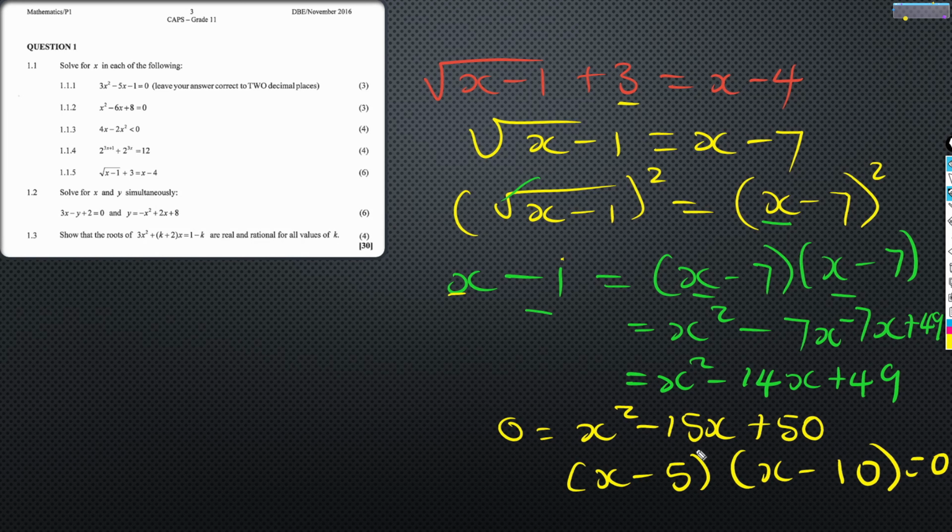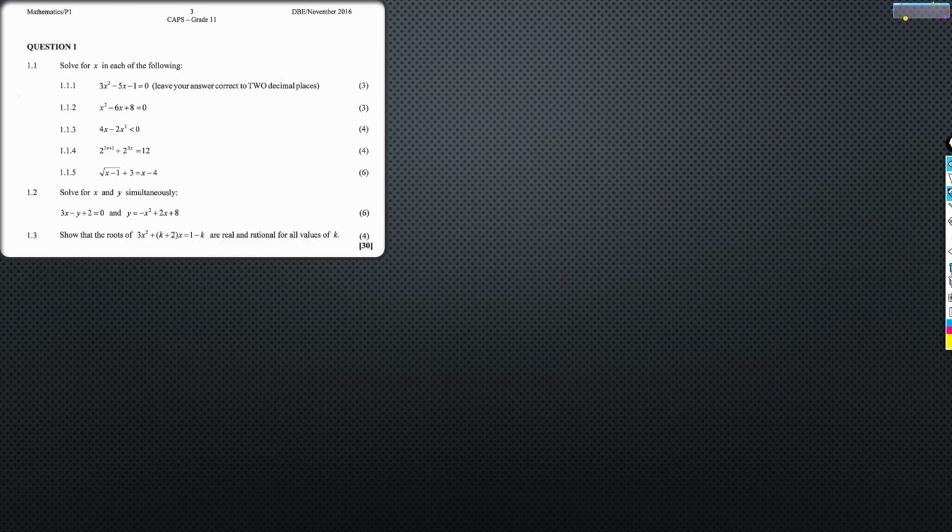When we add them, we're going to get negative 15. And then x is equals to 5, or x is equals to 10. So this is what we get when we solve this. It's very straightforward solution. You don't have to get confused when you are dealing with it.